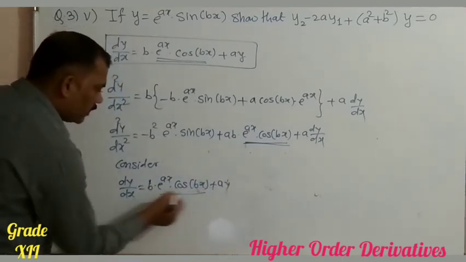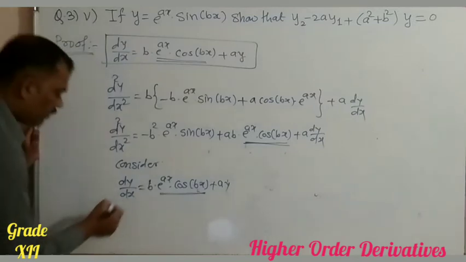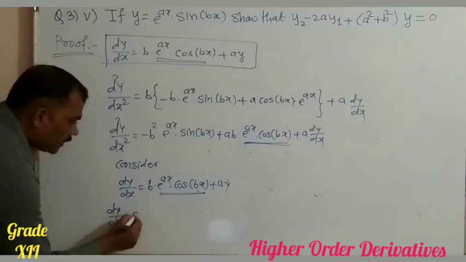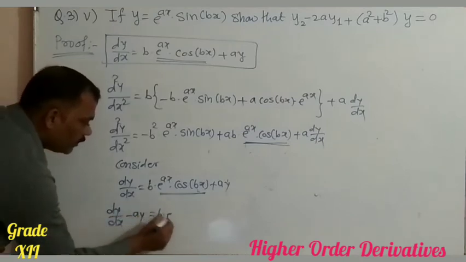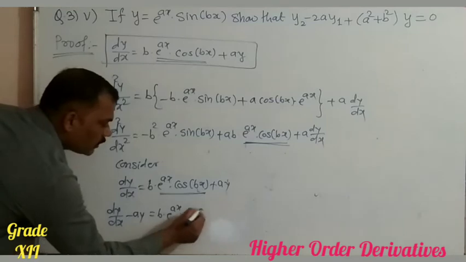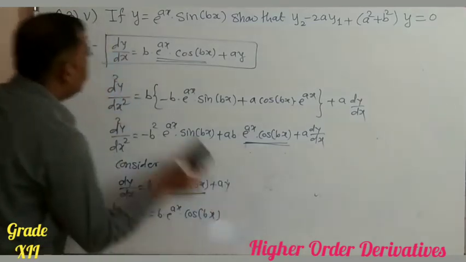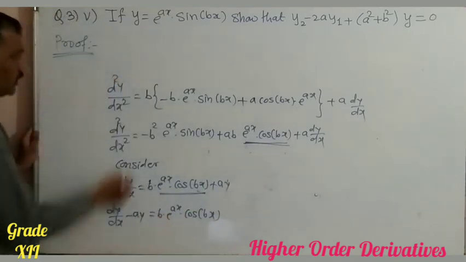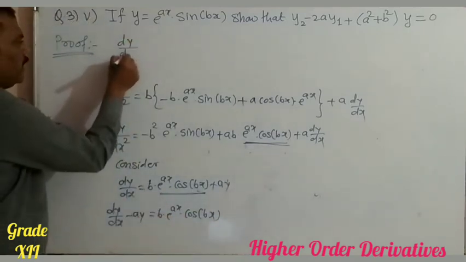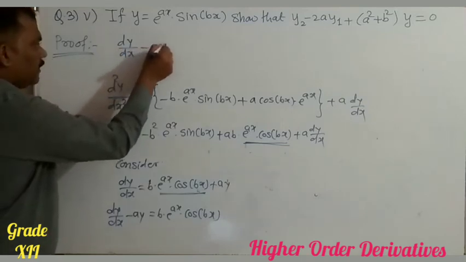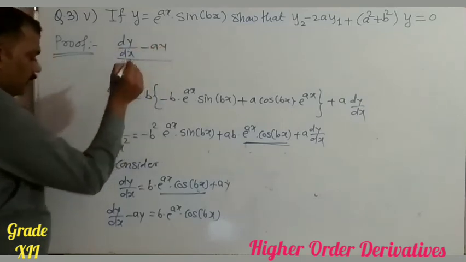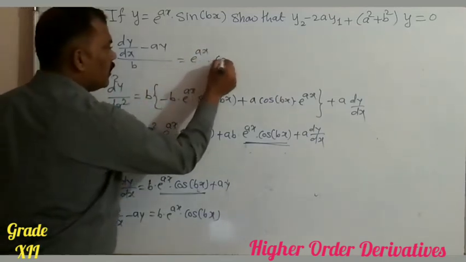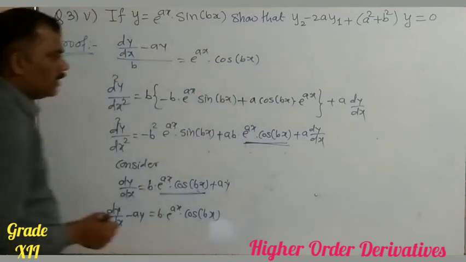So dy by dx minus ay is equal to b into e raised to x into cos of bx. Here b is multiplied, so dividing on this side, we can write (dy by dx minus ay) divided by b is equal to e raised to x into cos of bx.